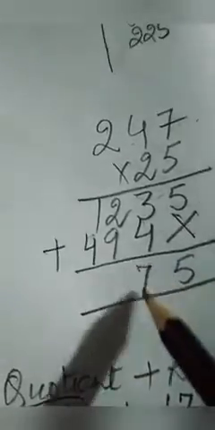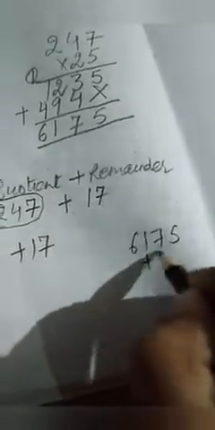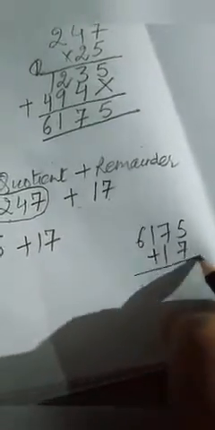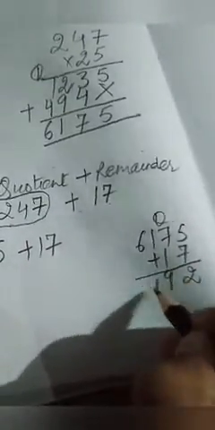So here 5, 7, 11, 1 carry, here is 6. 6175. Plus 17. 6175 plus 17. Here 12, 1 carry, 9, 1, 6.